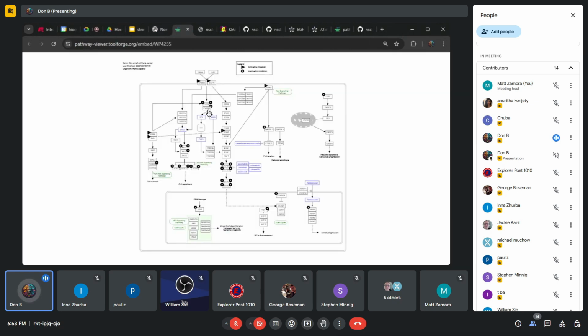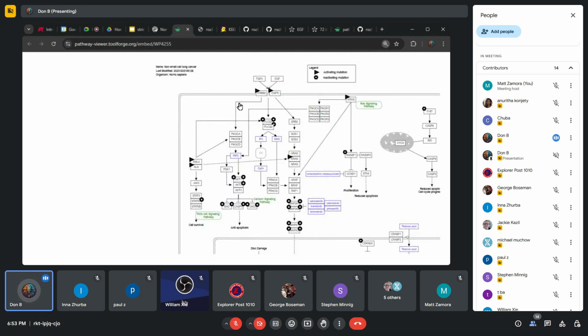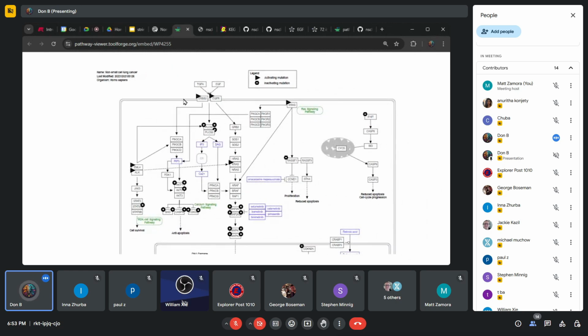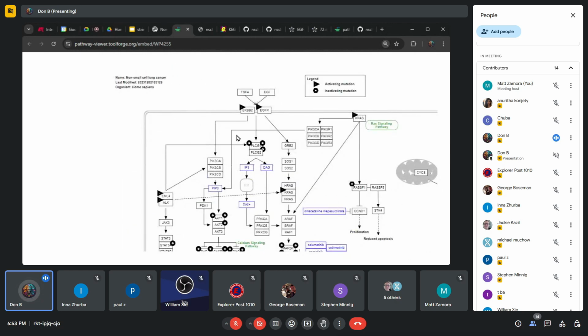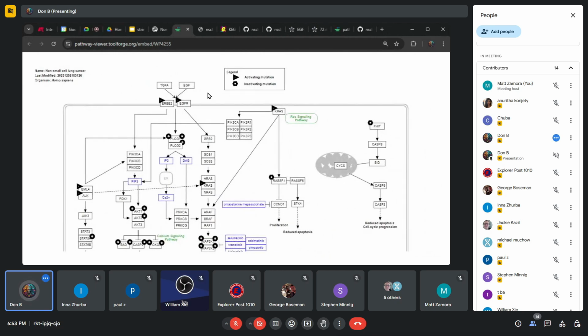I have to admit there was an initial learning overload in trying to figure out the best starting point. This is WikiPathways, and for some reason it's not liking the resolution and is displaying in a bad, non-ideal form.